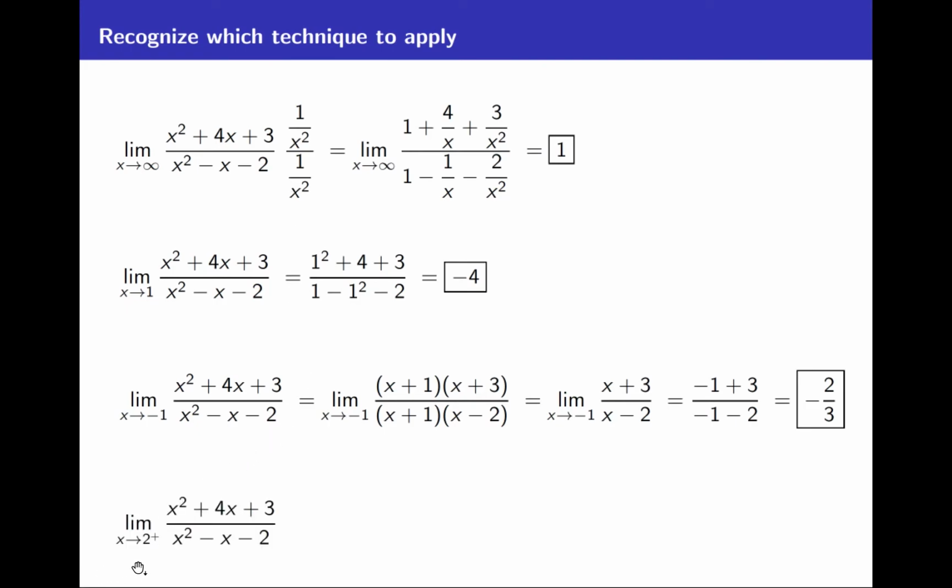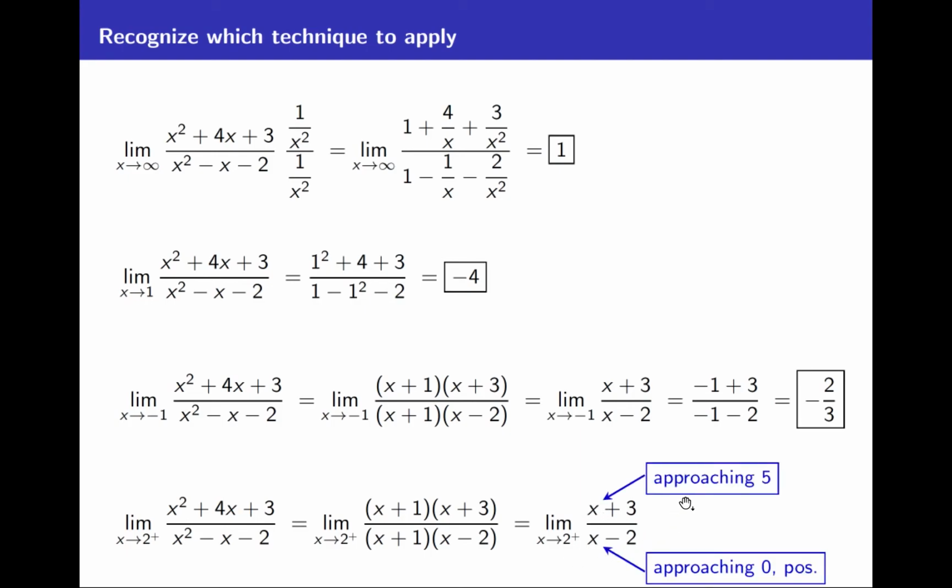One more example, the same function, but this time let's let x approach 2, and let's say 2 from the right. Working as we did before, we get the same cancellation. We're looking at the limit as x approaches 2 from the right, and here the denominator is approaching 0, but the numerator is approaching 2 plus 3, or 5.